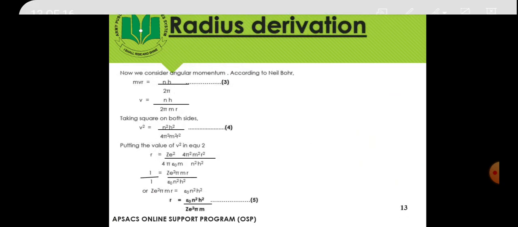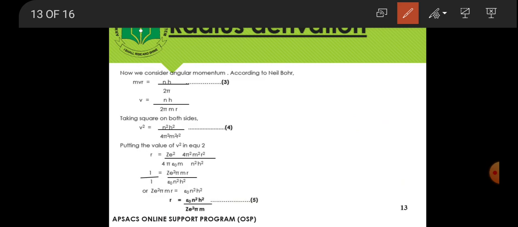Yes, friends. Now we know that the value of angular momentum according to Bohr is mvr equal to nh over 2 pi. On rearranging, we will get this equation: v is equal to nh over 2 pi mr. m and r are multiplied on the left hand side.